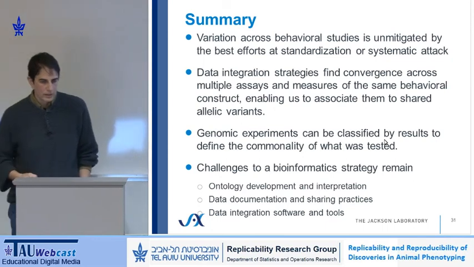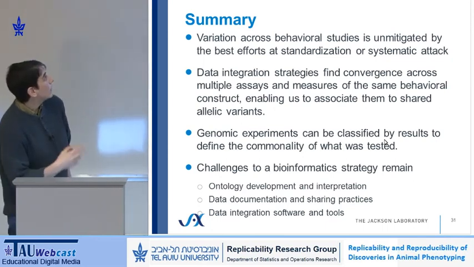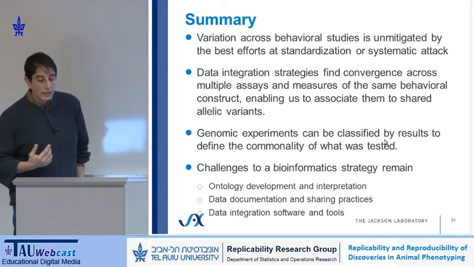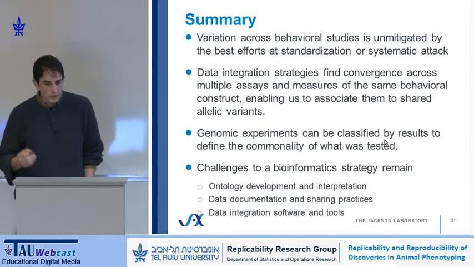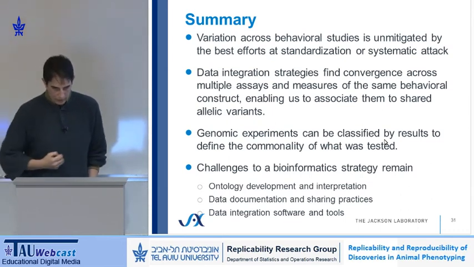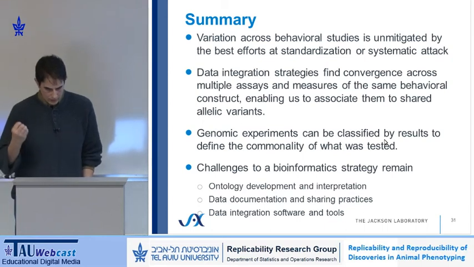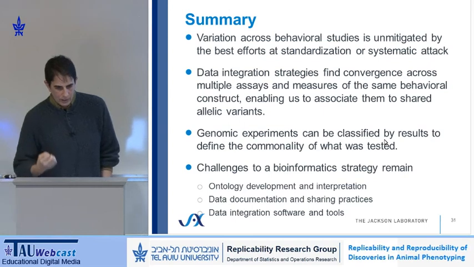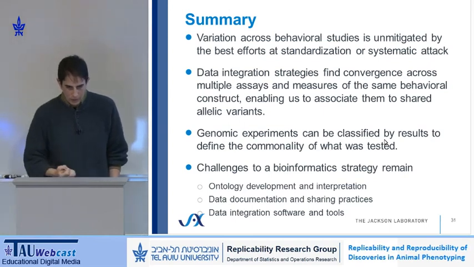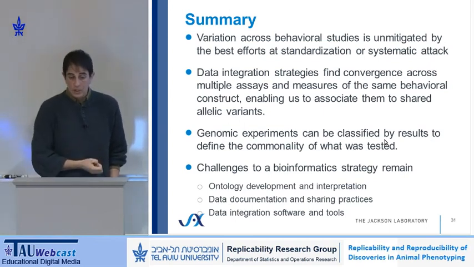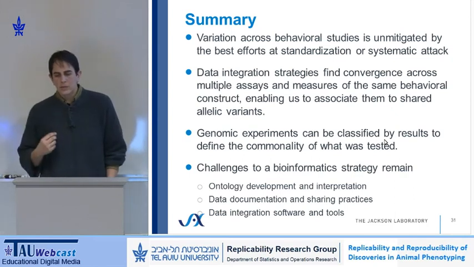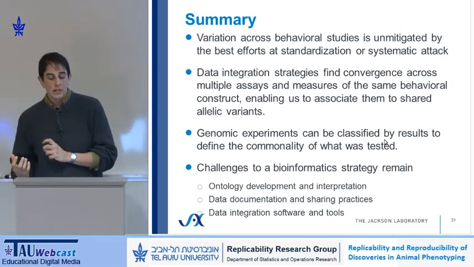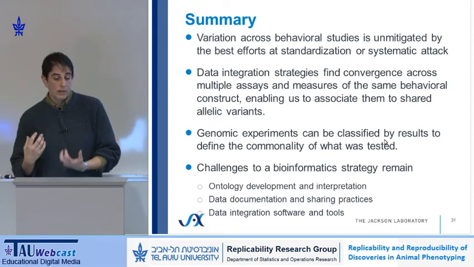And the drivers of that similarity and dissimilarity could be environment, could be paradigm, it could be the intrinsic variation in behavior itself. So in summary, variation across behavioral studies is unmitigated by our best efforts to do anything reasonable. Although I think Yoav's got some really interesting ideas about estimating gene by lab environment and doing a more refined job at finding replicable results. These data integration strategies that we're using help us find convergence across assays and measures of the same behavioral construct.